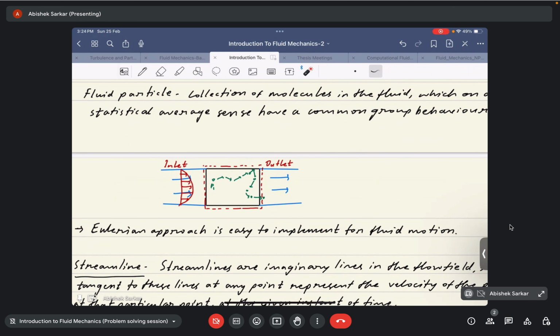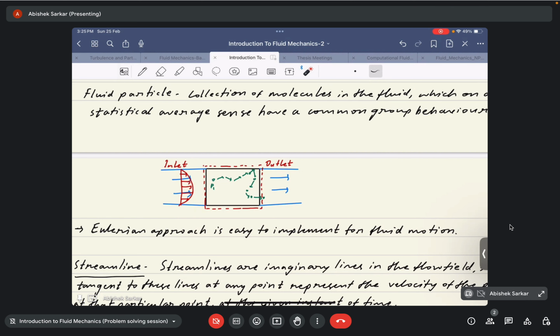Okay, and by no means am I going to say that the Eulerian approach is much more accurate than the Lagrangian approach, because the Eulerian approach also comes with different drawbacks, as there are lots of assumptions involved, right? The assumption of a parabolic velocity profile, or no losses. There are many approximations that we need to consider before applying the Eulerian approach, right?